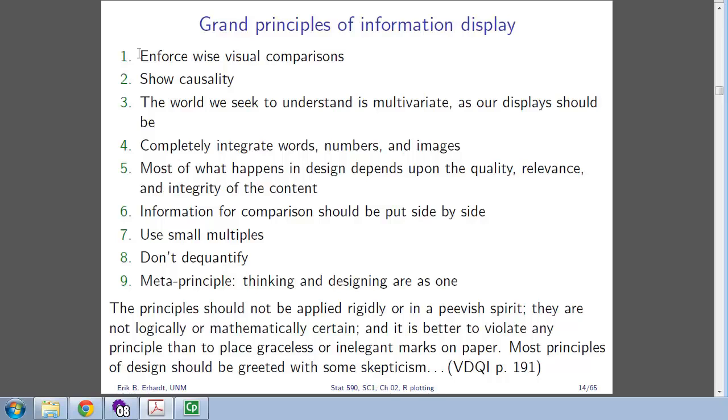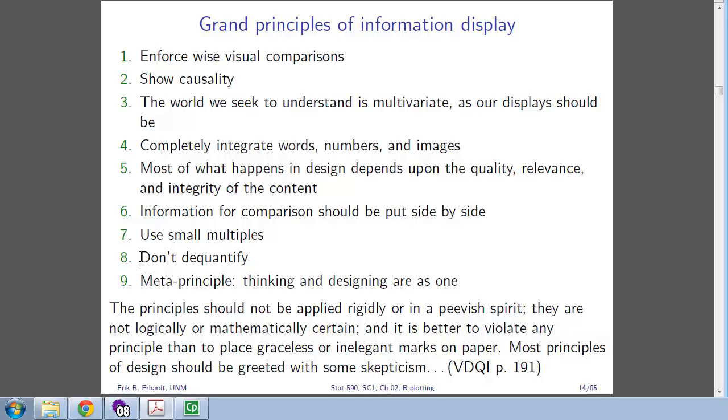The first is to enforce wise visual comparisons. 2 is to show causality. 3 is we should try to be as multivariate as our data are in our displays. 4 is to integrate words, numbers, and images together to tell a story. 5 is that most of what happens in design depends on the quality, relevance, and integration of the content. 6, information for comparison should be put side by side so your eye can easily make comparisons. 7, use small multiples. It's a very efficient way to make those comparisons.